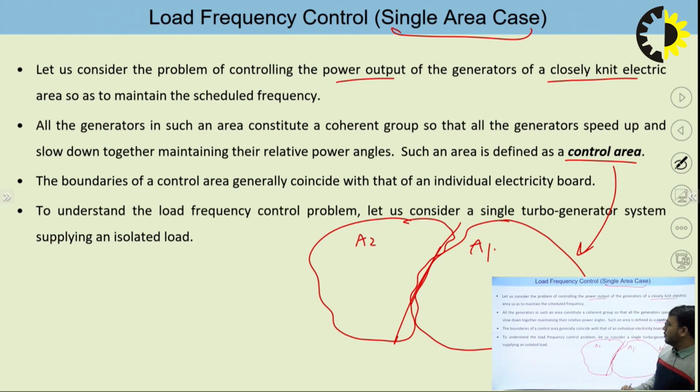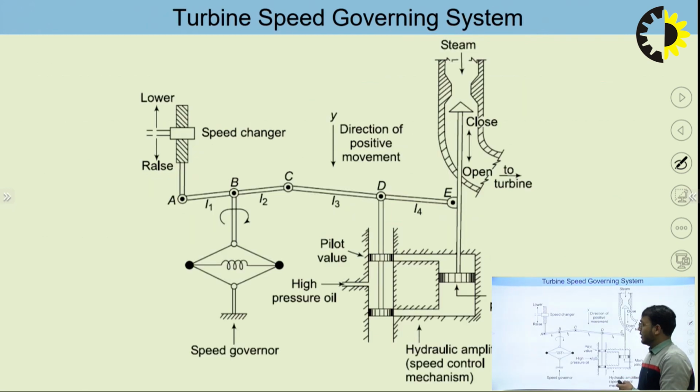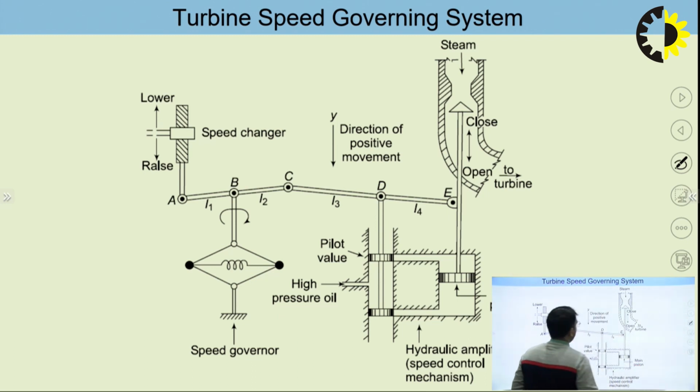To understand the load frequency problem, let us consider a single turbo generator system supplying an isolated load. The system is just like this, and this is the speed governing system. Firstly, you must understand what components are connected over here.